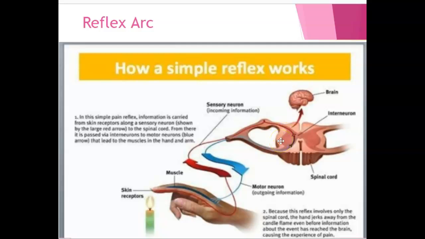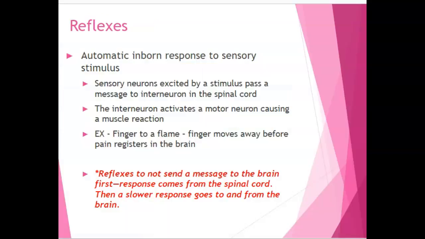A reflex will happen, and motor neurons will quickly tell that finger to get out of the flame, and that causes the flinch. At the same time, other messages via sensory and interneurons and motor neurons are also going all the way up to the brain to process that just a fraction of a second slower. So the reflex arc happens when it's just handled by the spinal cord, and then the slower response is when it goes up to the brain.